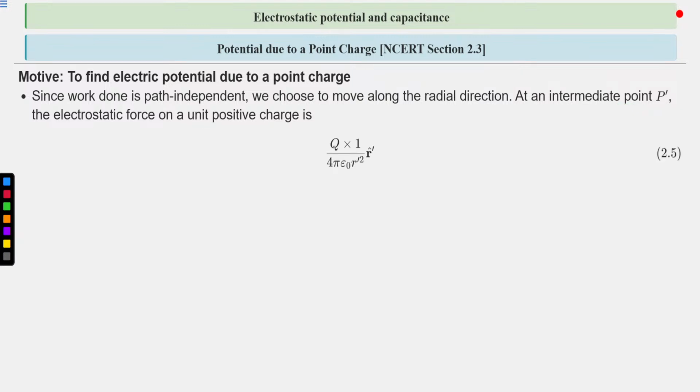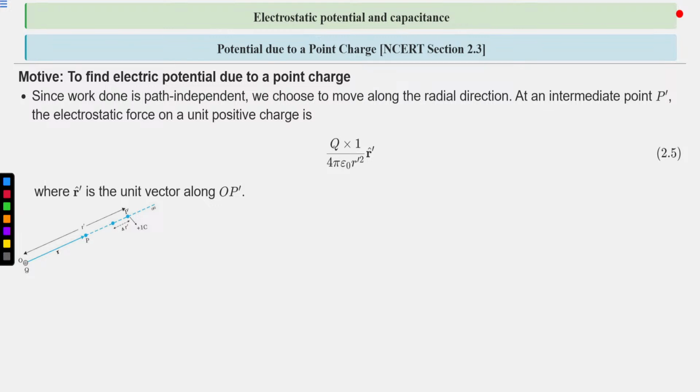So this is 1 by 4 pi epsilon naught Q into small q, here is plus 1 coulomb because we are taking a unit positive charge, upon r dash square, and this is the direction of the force, where r cap is the unit vector along OP dash. Okay, with the help of this diagram, we are finding the electrostatic force on this test charge at this P dash point.